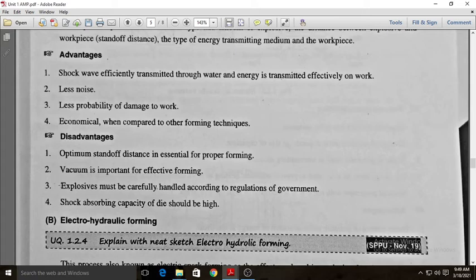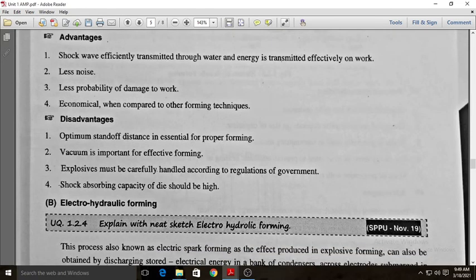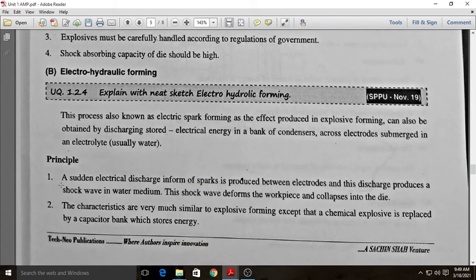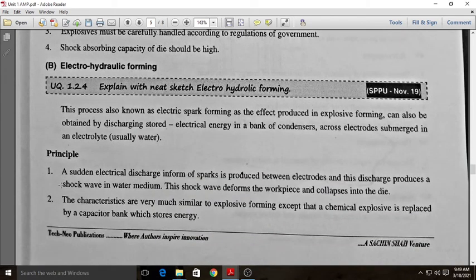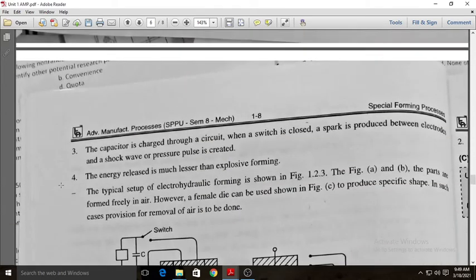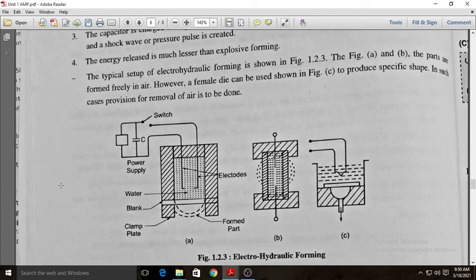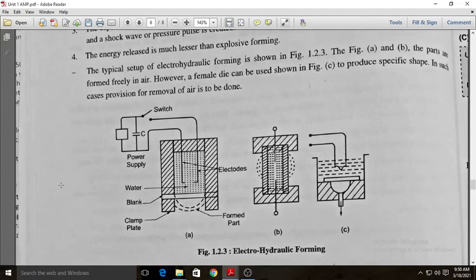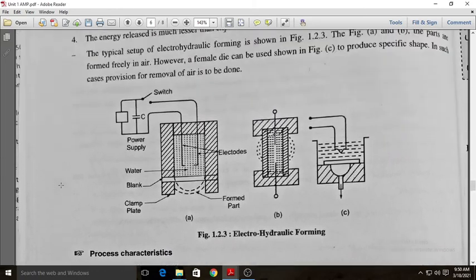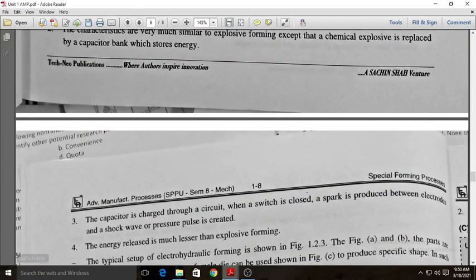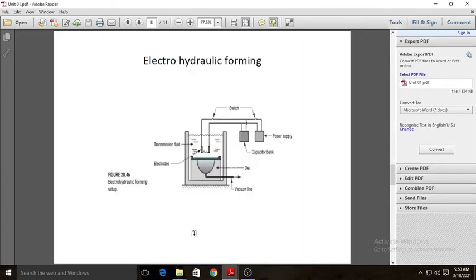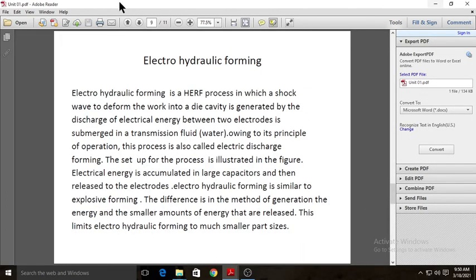Then the next is electro-hydraulic forming. So here the electro-hydraulic forming process is discussed.